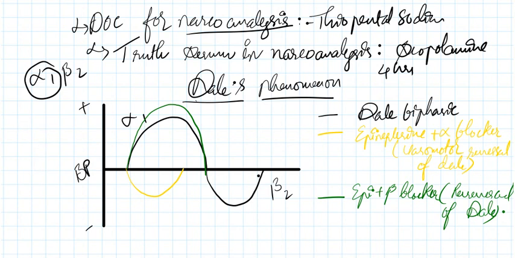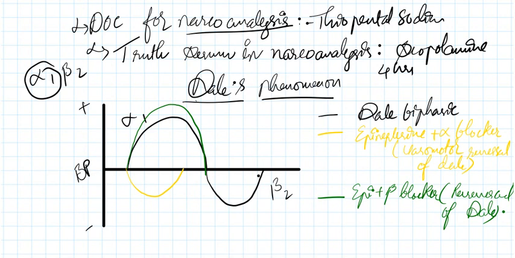It's very simple. Epinephrine acts on alpha-1 receptor, but due to giving or mixing of alpha blocker with epinephrine, the alpha-1 receptor is being blocked by the alpha blocker.